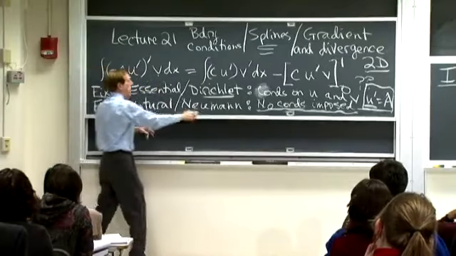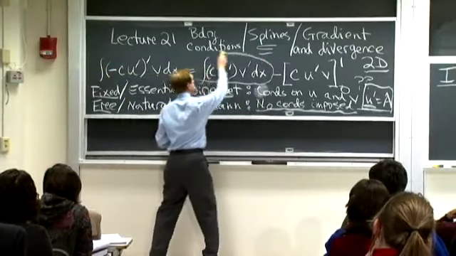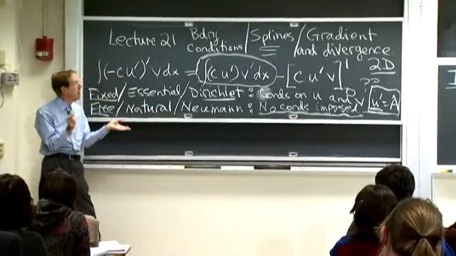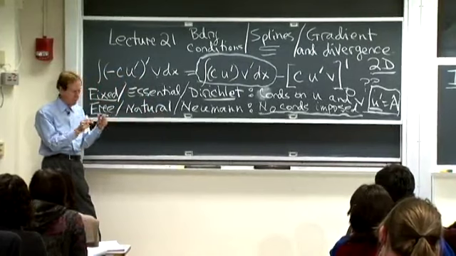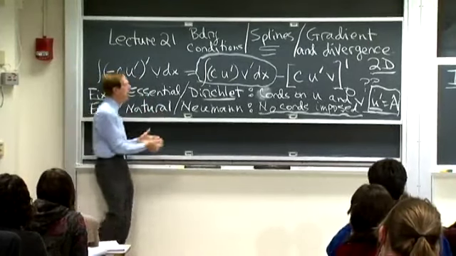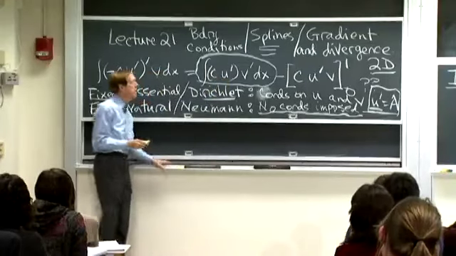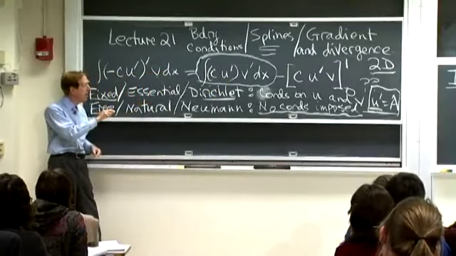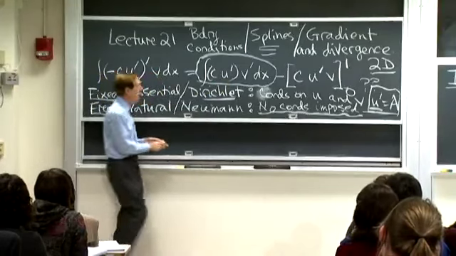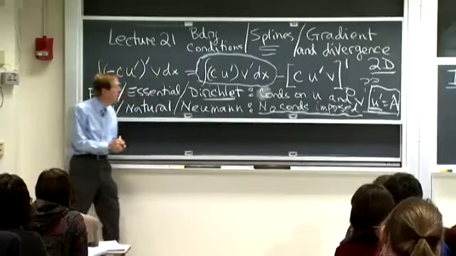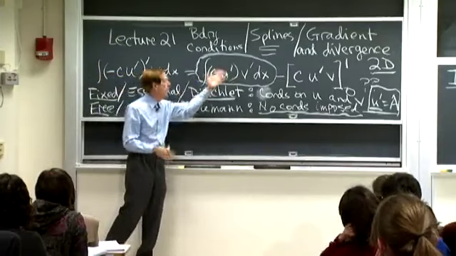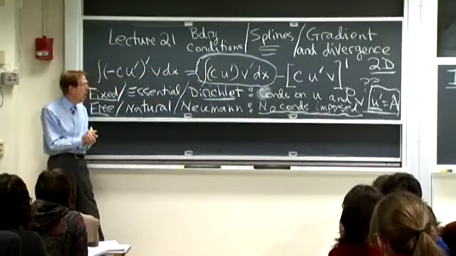So the integration by parts gave me this nice symmetric integral. It's symmetric in u and v. It only requires one derivative of u, so I'm allowed to use hat functions, and I'm allowed to use hat functions for v, because their derivatives have just a jump, and a jump function I can integrate, no problem.